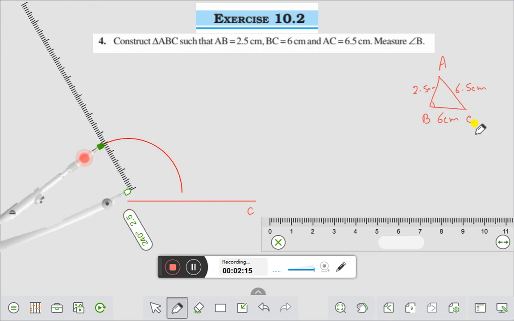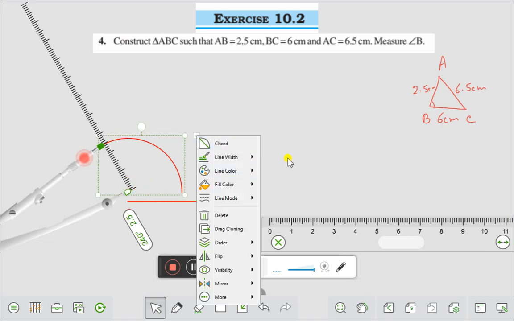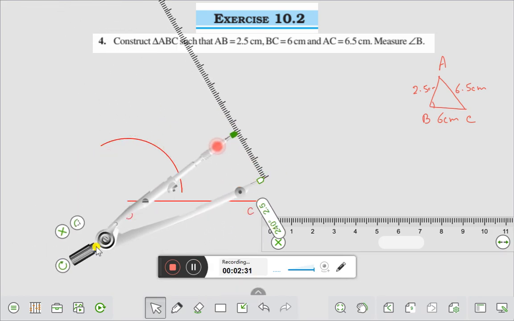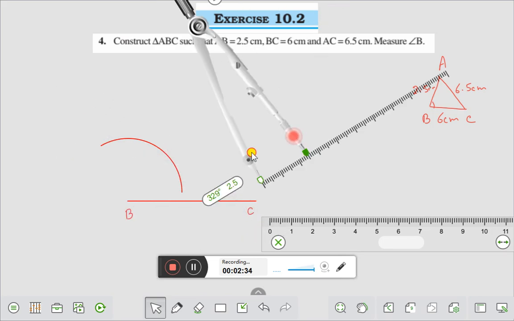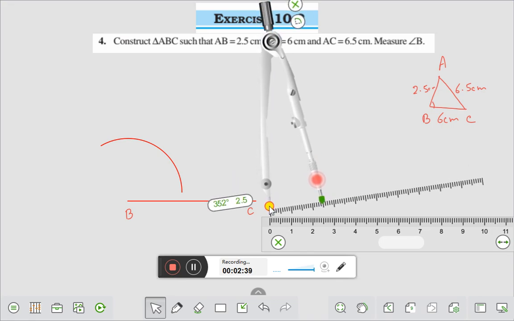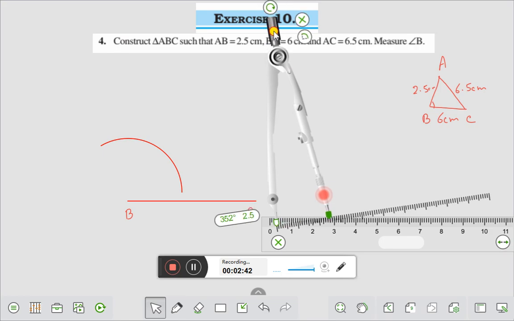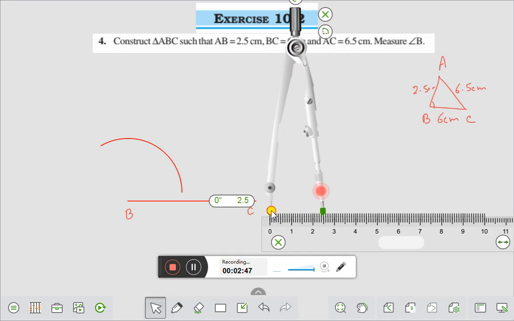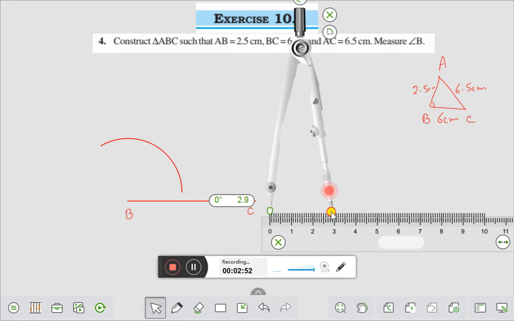Let us take another length, AC, 6.5 centimeter. Take the pointer at 0 and take the measurement 6.5 centimeter.